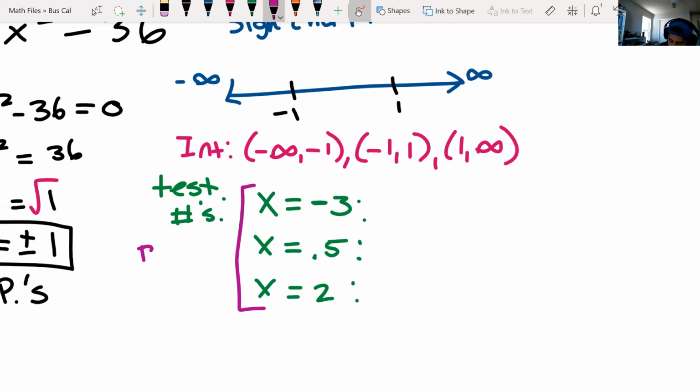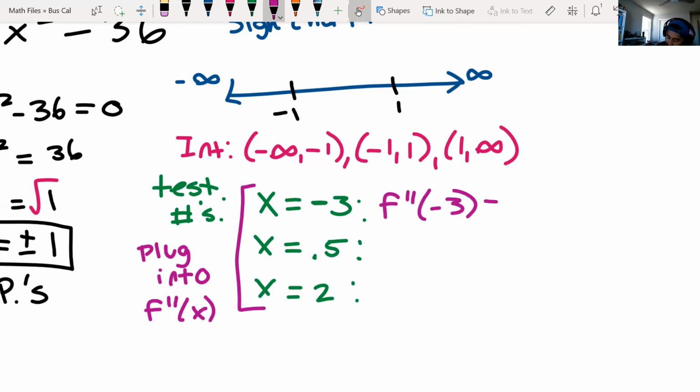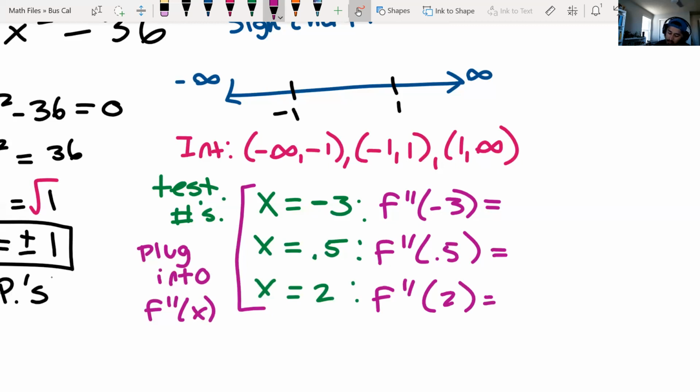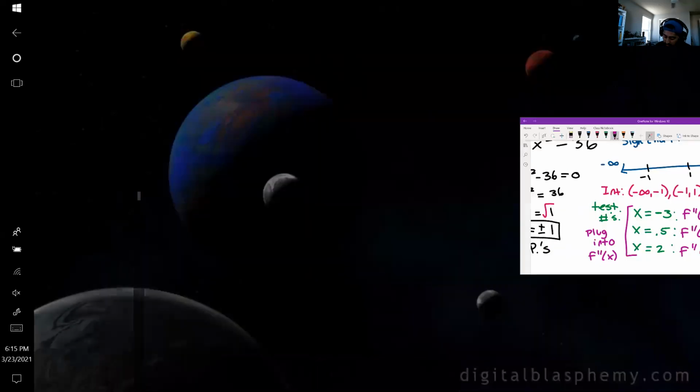All right, sign chart for the second derivative. So plug into f double prime of x: f double prime of -3, f double prime of 0.5, and f double prime of 2. You know what time it is.